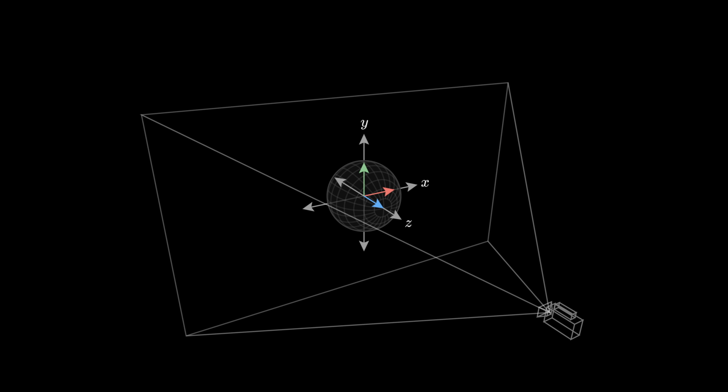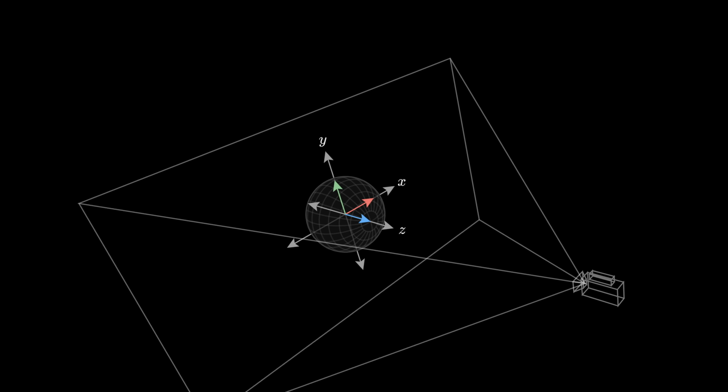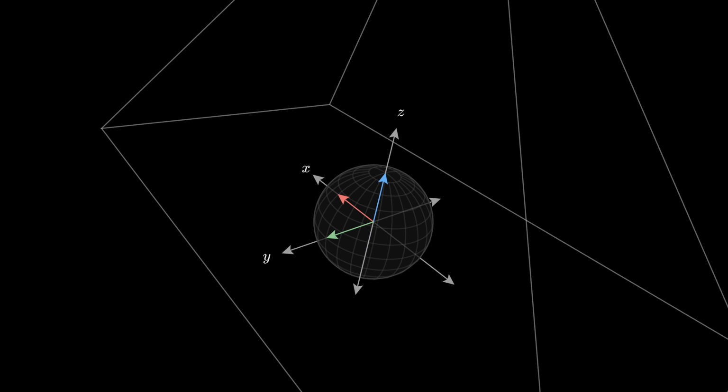A coordinate system can either be left or right-handed. The handedness of a coordinate system determines the positive direction of rotations in 3D space. To figure out whether our coordinate system is left or right-handed, we use something called the right-hand rule. This can be a bit tricky depending on the orientation of your axes, so let's change the orientation so that the z-axis points up.